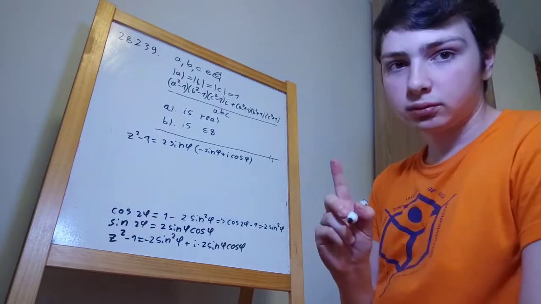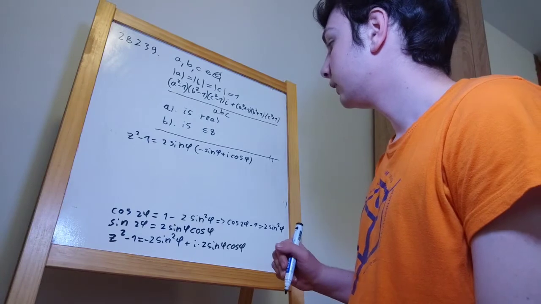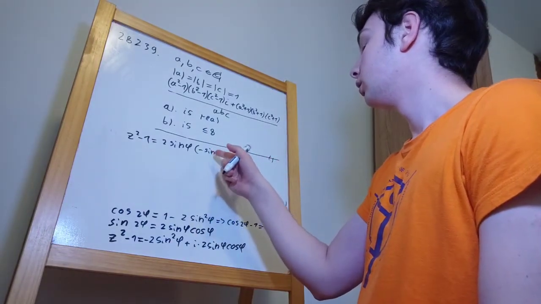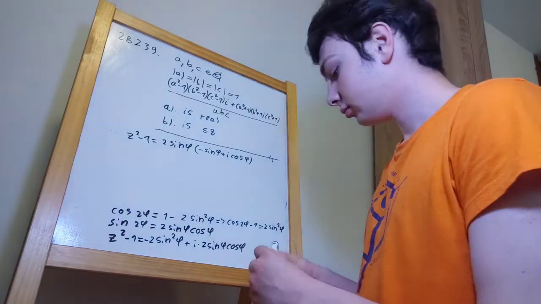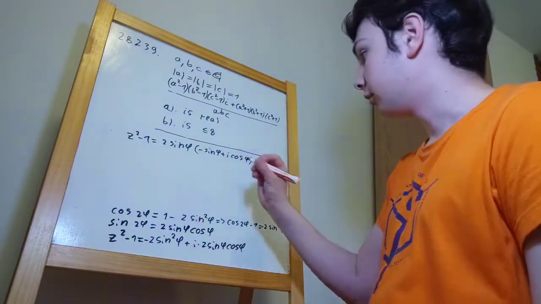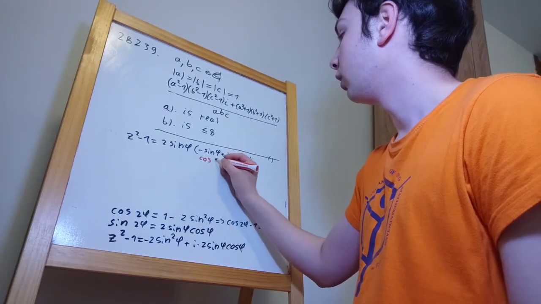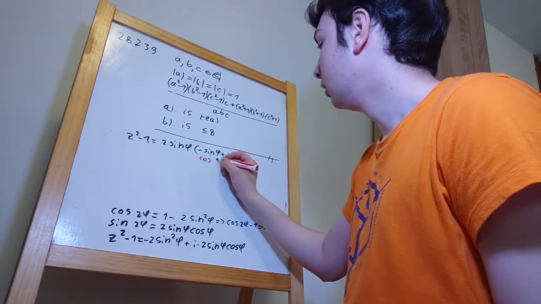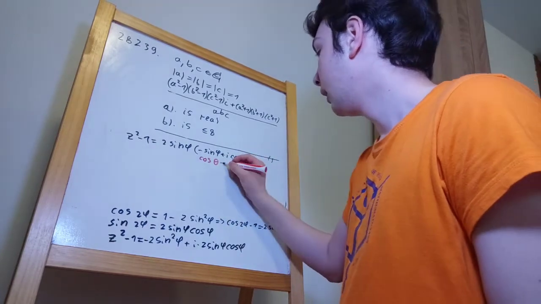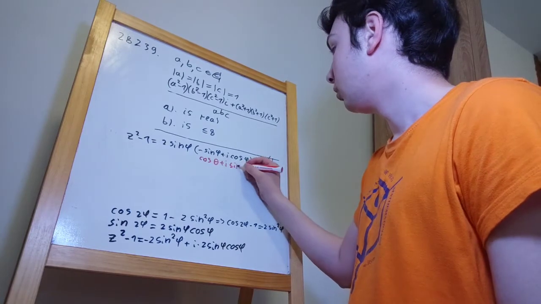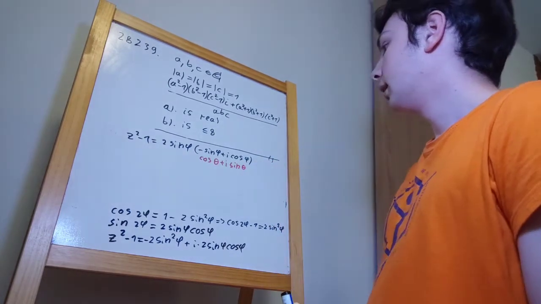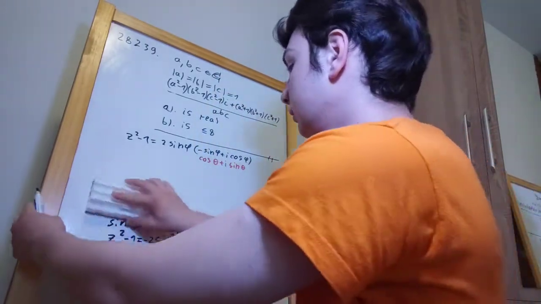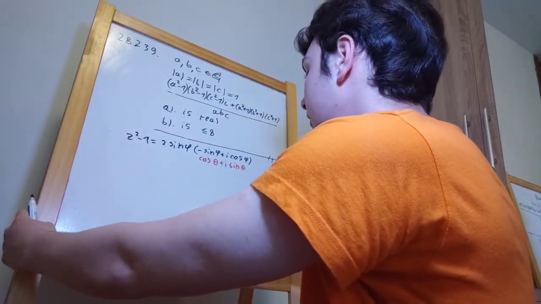Alright, now let us think, what number has, remember, we have to have a cosine of theta, not phi, because we already used phi, and then an I sine of theta. So let's take a look at the trigonometric circle.